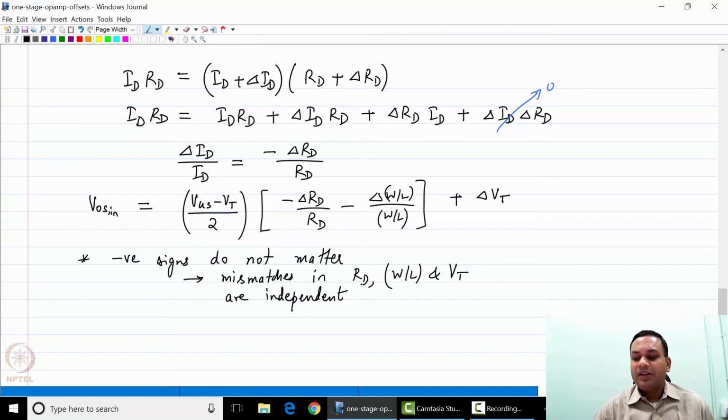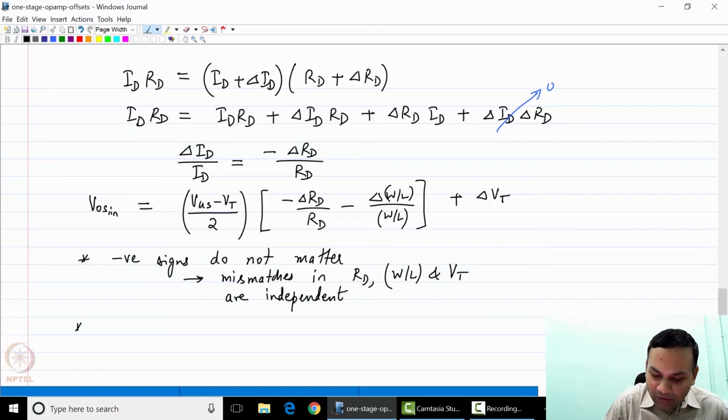In other words, if you were to look at the statistics, there may be some chips where delta RD could be positive, and there could be some chips where delta RD is negative, and same for delta W over L, and these two move in totally independent directions. So what we are actually interested in is the standard deviation of the offset, which we are going to write now.